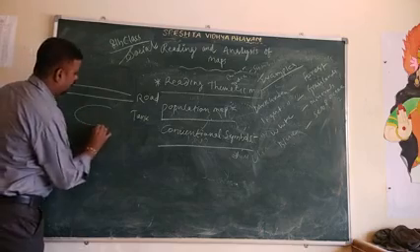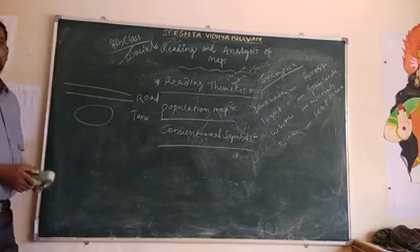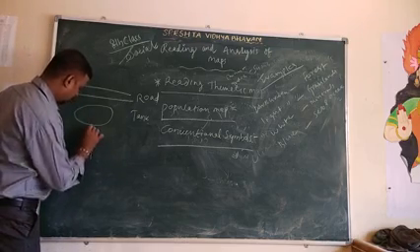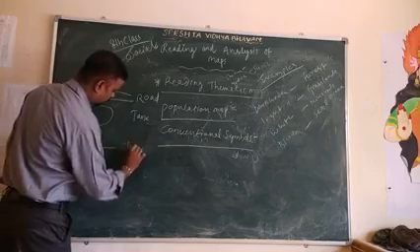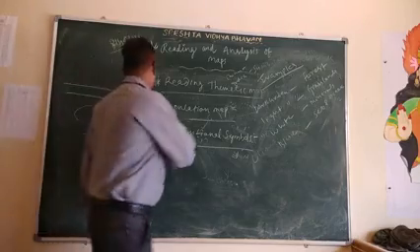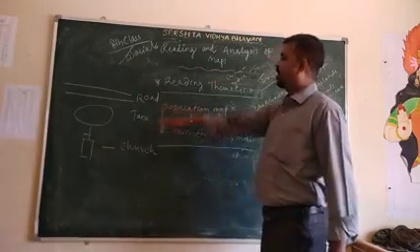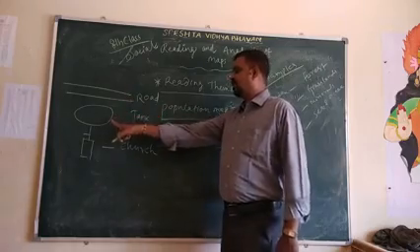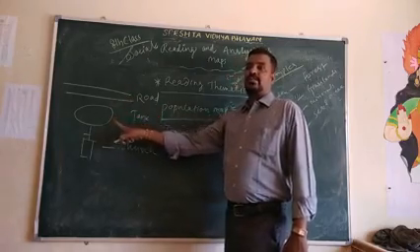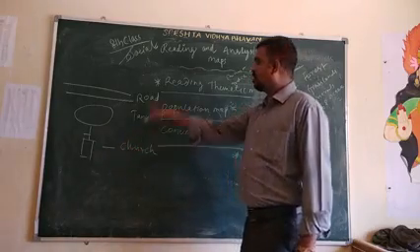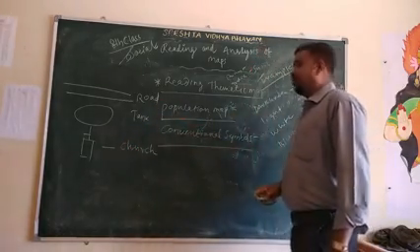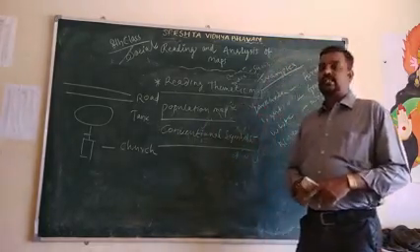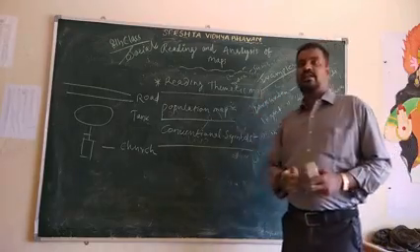This is the symbol of a tank. And church. All these are the symbols we can see on the map. This is the symbol of road, this is the symbol of tank, this is the symbol of church. So these are called conventional symbols. Is everyone clear?